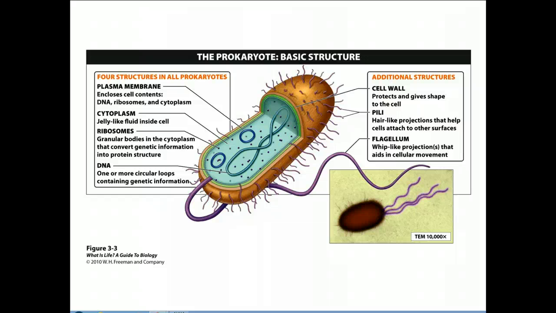So here's a more detailed view out of your book in figure 3.3. If you look at the prokaryotic basic structure, there's that rubber band I was talking about. That's the chromosome, and there are some extra chromosomal inheritance pieces that we call plasmids, diagrammed here. We also have the flagellum, and the pili, which are hair-like projections that help the cells attach.